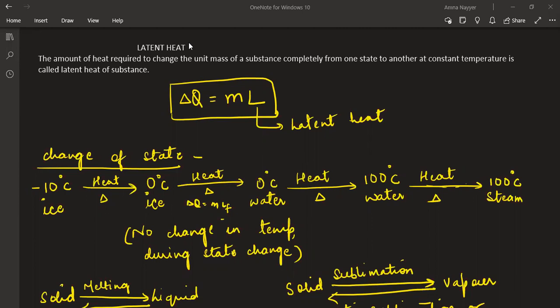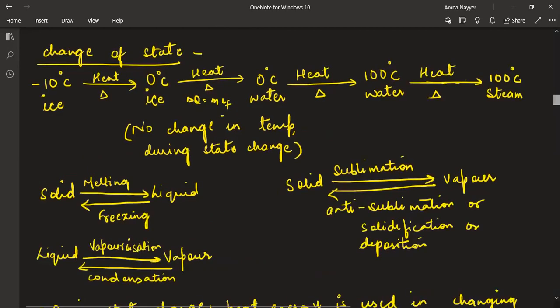Now, what is latent heat? It is the amount of heat to change one state into another state. See, this is one very good flowchart that we have. Look here, minus 10 degrees Celsius is ice. When heat is given to ice, so 0 degrees Celsius is ice. Then again heat is given. So see what happened. When heat was initially given, the ice was at minus 10 degrees Celsius.